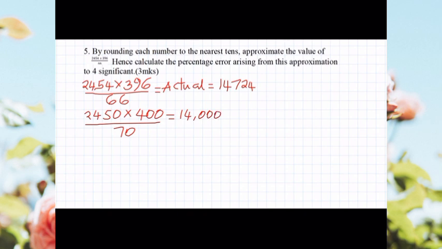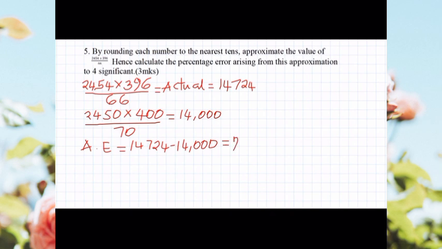So now here, our absolute error is now the difference between the rounded value and the actual value. So we take 14,724, we take away 14,000, so that now we can obtain the absolute error.